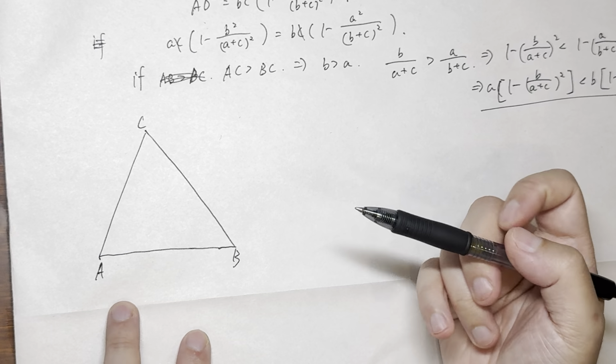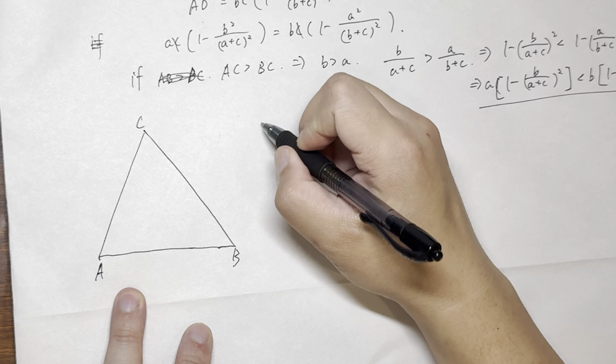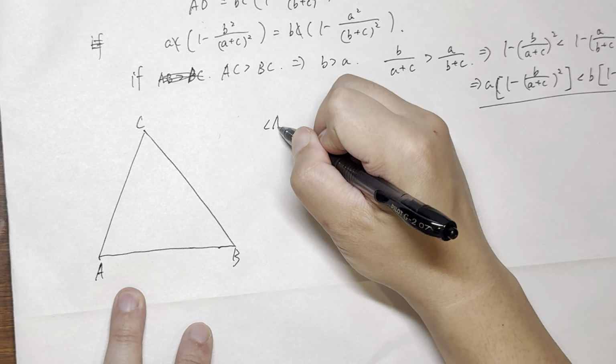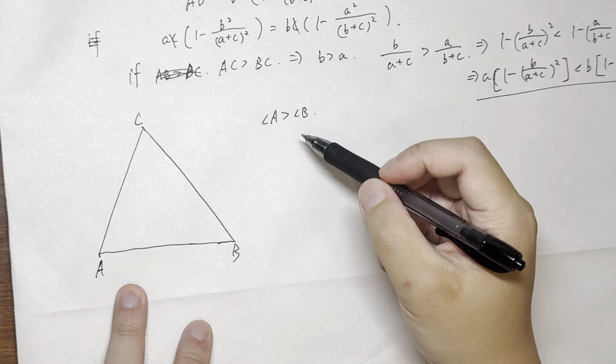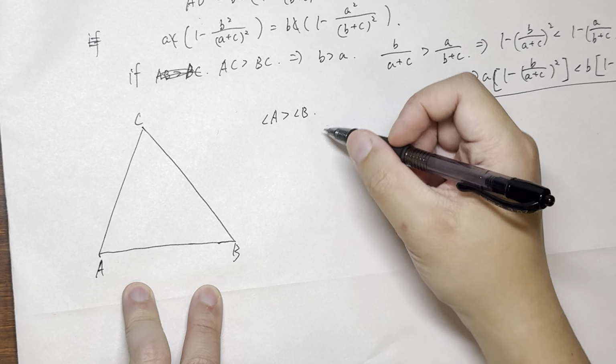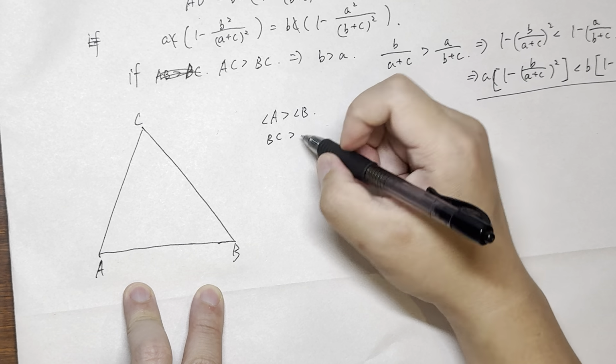We have triangle ABC here, and let's just assume that angle A is larger than angle B. Because angle A is larger than angle B, we know that BC is larger than AC.